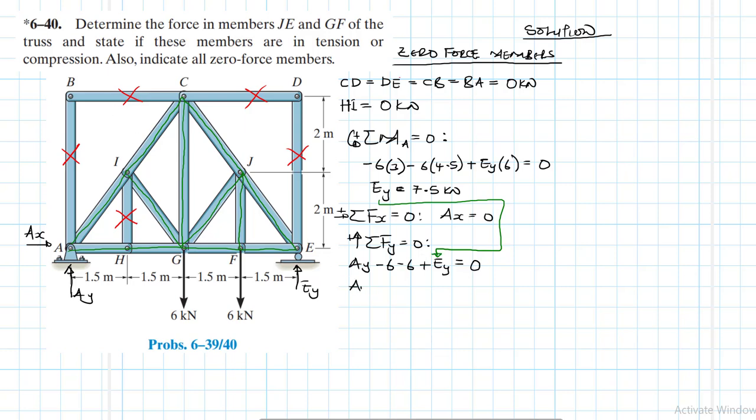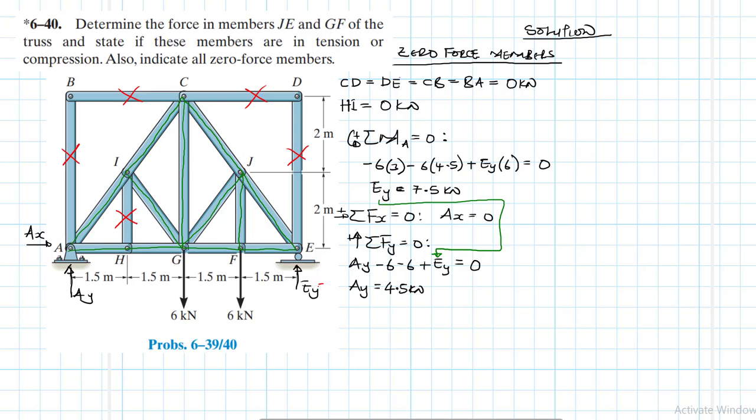Therefore, our AY is going to be equal to, so minus 6, that's 12, then plus 7.5. Then we have 4.5 kilonewtons. Alright, so there we go.